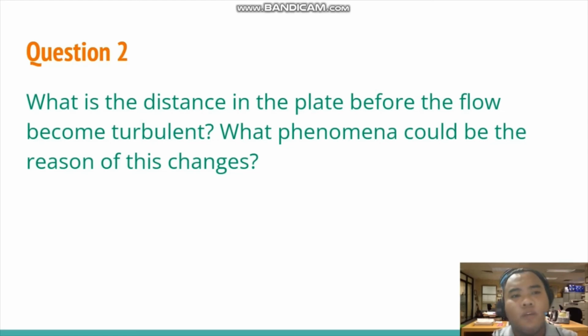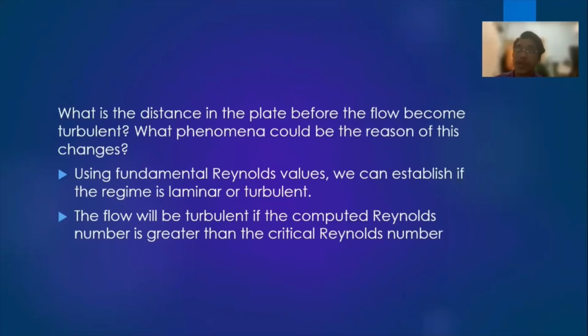The second one: what is the distance in the plate before the flow becomes turbulent? What phenomena could be the reason for this change? For this question, using a fundamental Reynolds value, we can establish if the regime is laminar or turbulent.